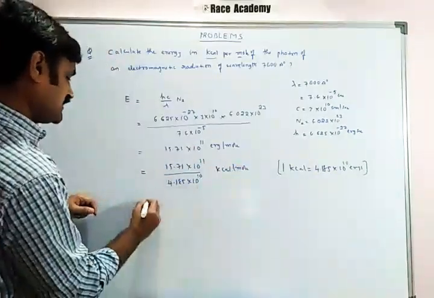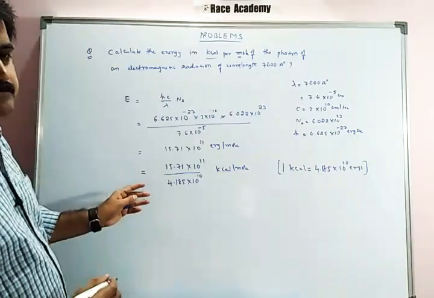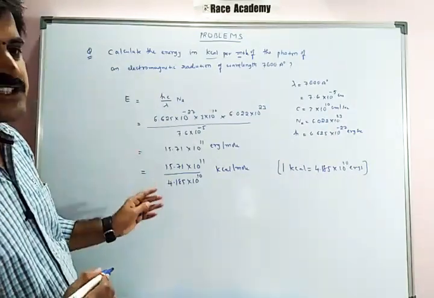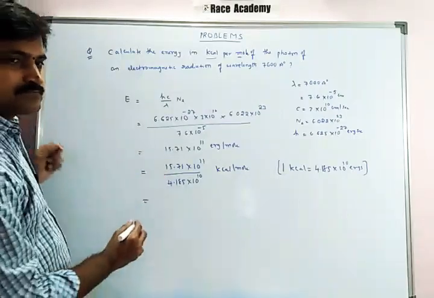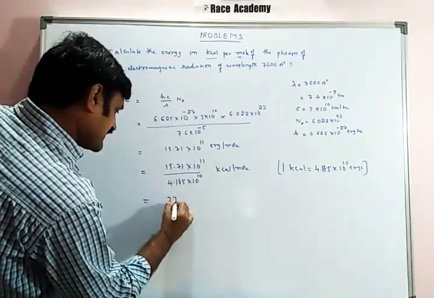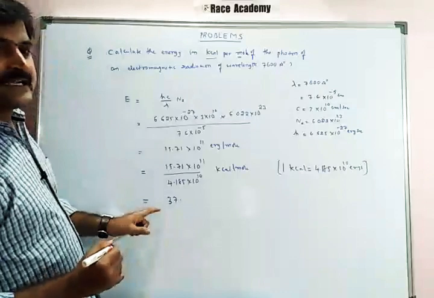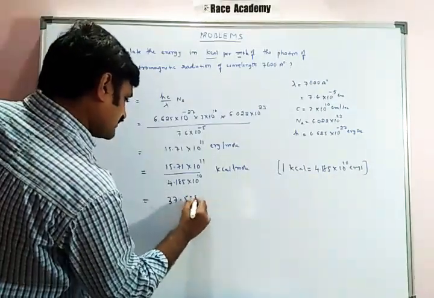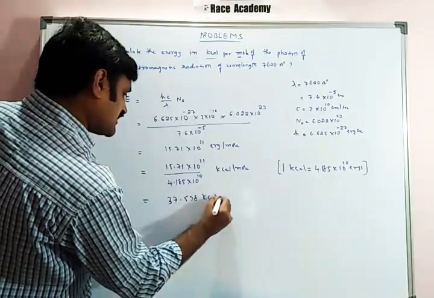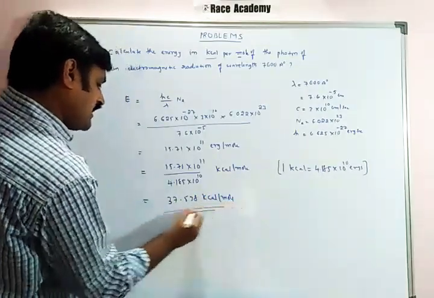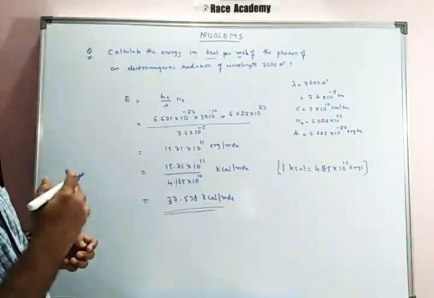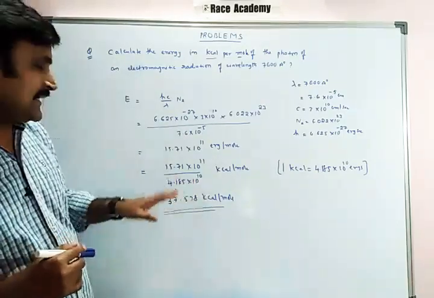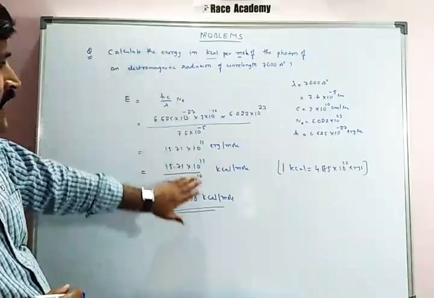Upon simplification, I got 37.538 kilocalories per mole, approximately 37.54 we can consider.